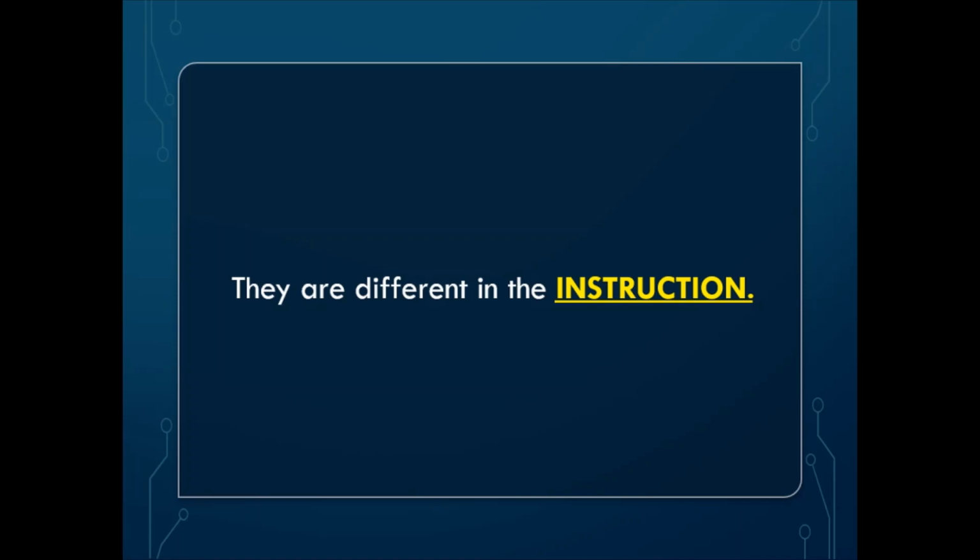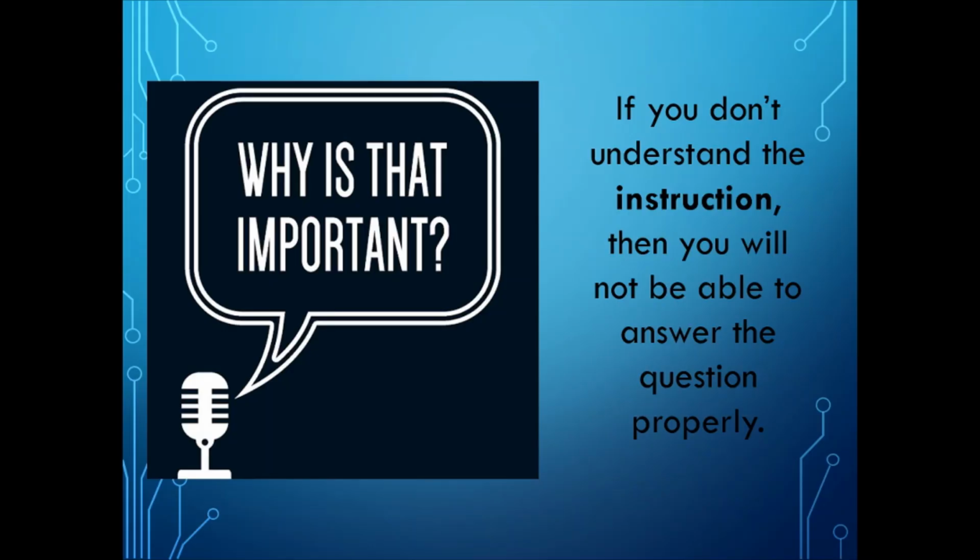So it is very important that you know how to identify the instruction. If you don't understand the instruction, you will not be able to answer the question properly. That's why it is very important.